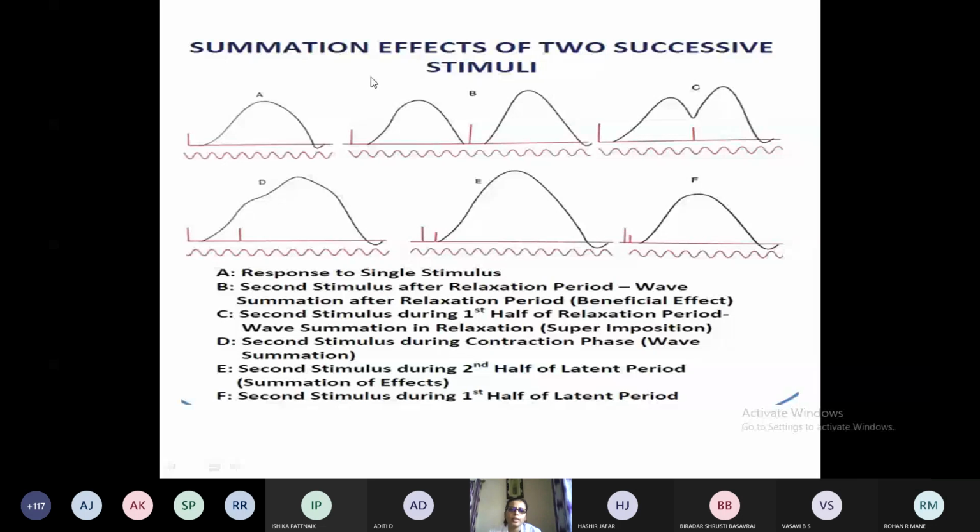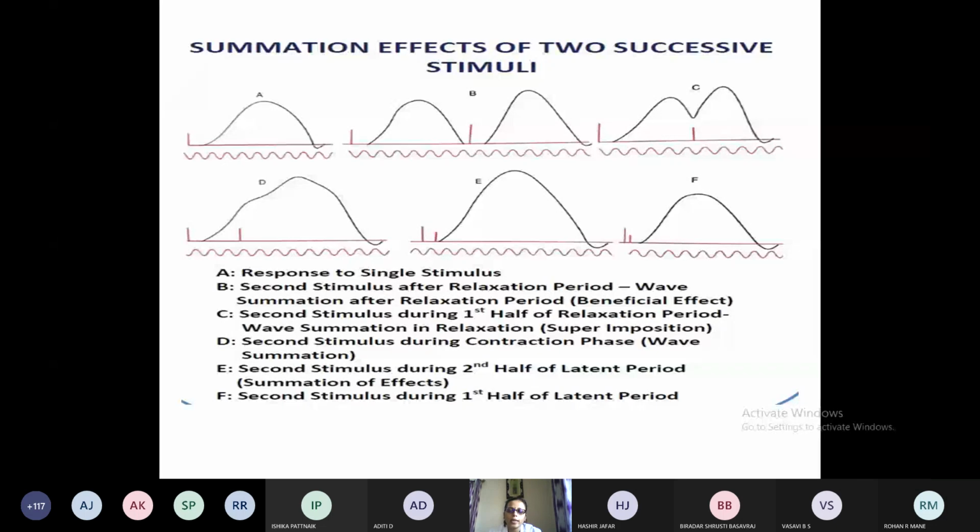Yes, summation is nothing but addition. One is going to add to another. If we add one to another, definitely it is a greater one. Then whether this greater is beneficial or not, we will learn with the help of this graph. So summation is the increase in the activity of a tissue produced by multiple stimulation as compared with the effect of a single stimulus.